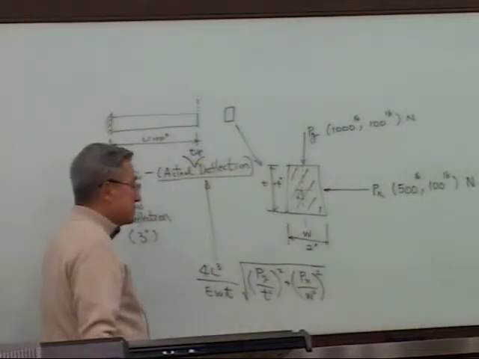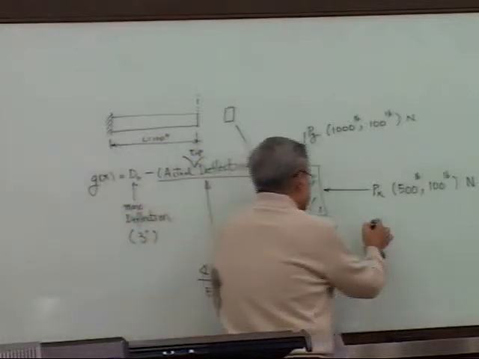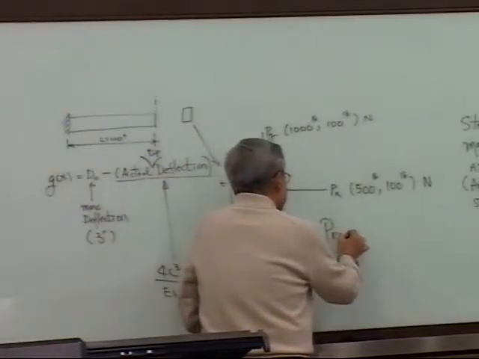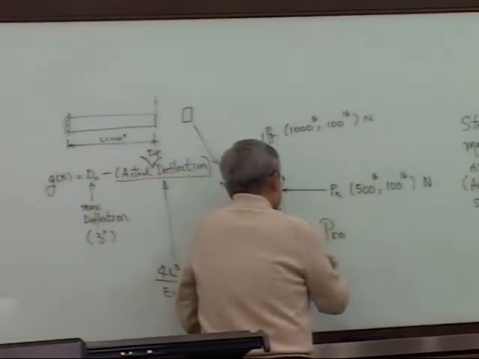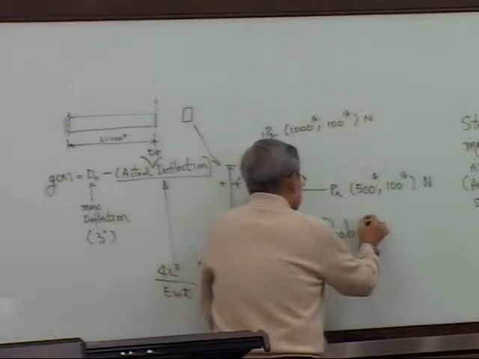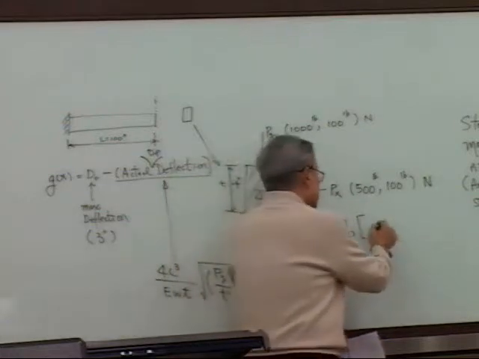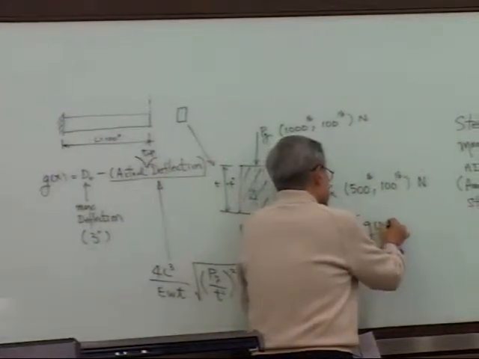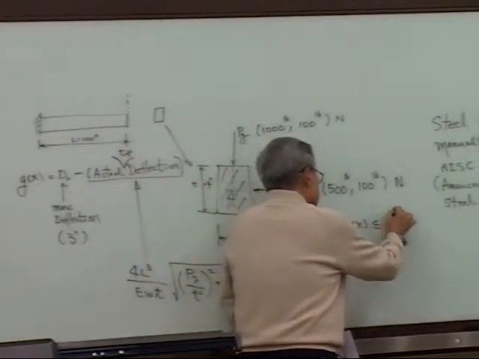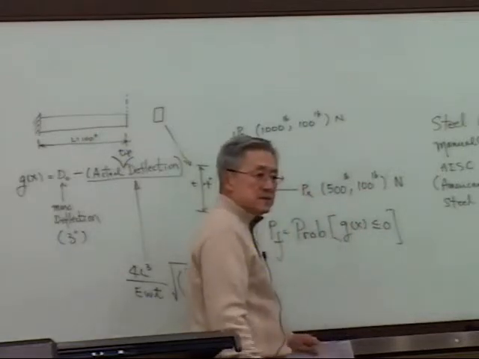The problem is the probability of failure. How can you define the probability of failure in this problem? Of course, it's Gx less than or equal to 0.